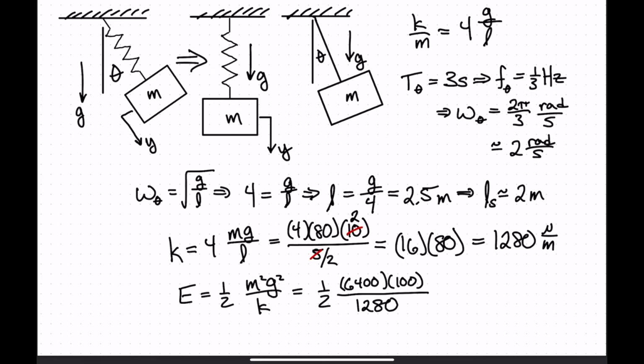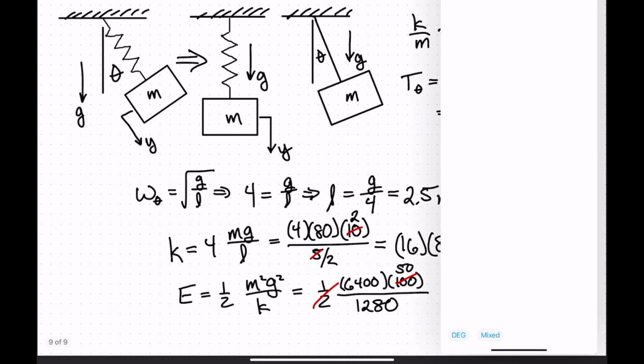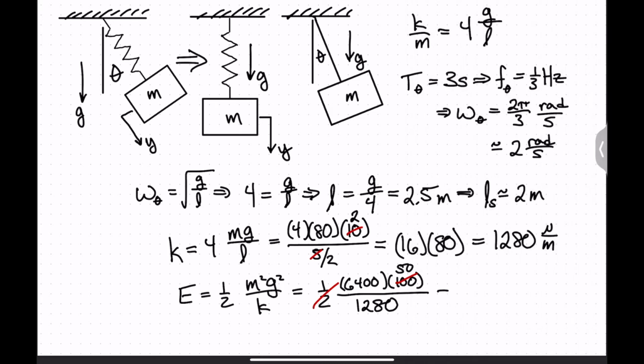We can cancel this out. That becomes 50. We wind up with 64,000 times 50 divided by 1,280. That gives us 250. So we have 250 joules of energy stored in that spring.